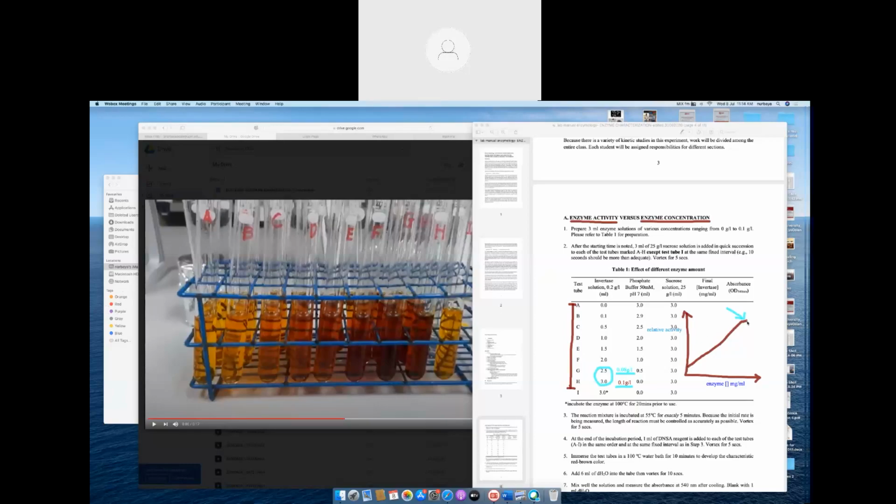It will not increase the product. The product will be just like this towards the end. Here, it is called the maximum velocity.